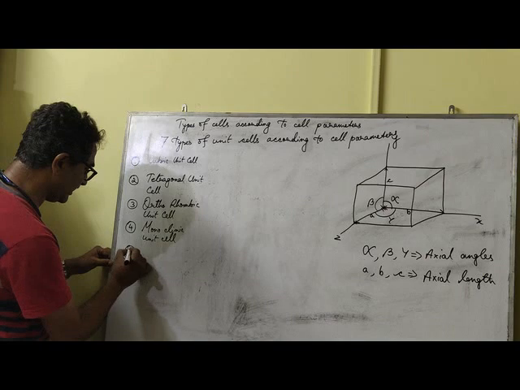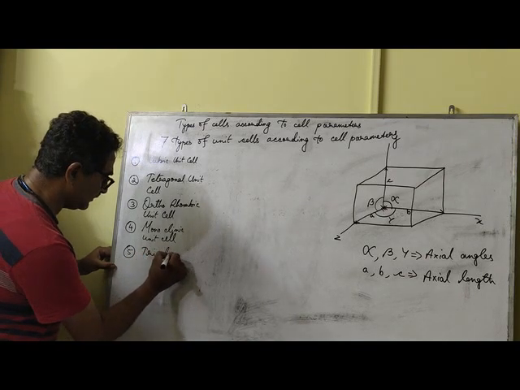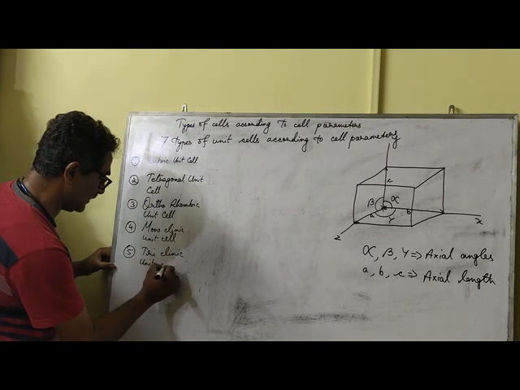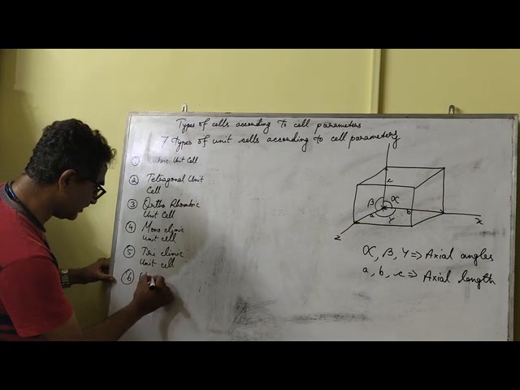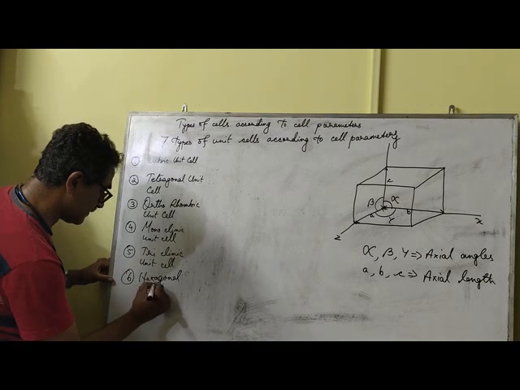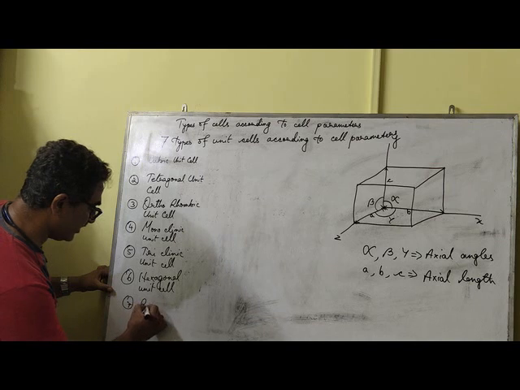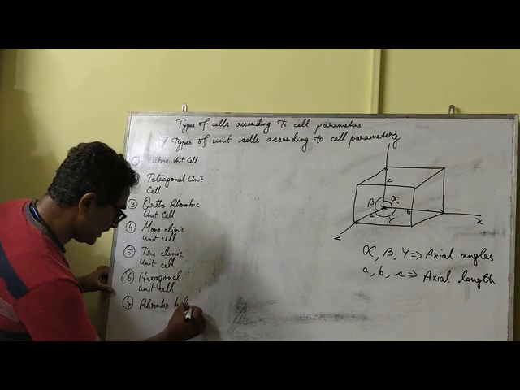Then we have the triclinic unit cell. Then we have the hexagonal unit cell. This we have just learned. And finally, we have the rhombohedral unit cell.